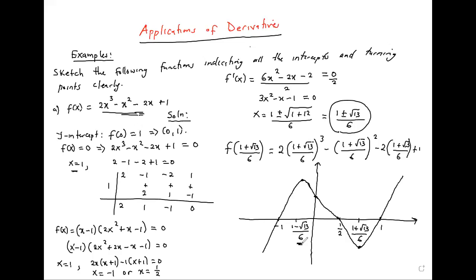First, after you find the y-coordinate, the y-intercept, then again you find the x-intercept using whatever method you can use. Let's say, for instance, this one we've used synthetic division. Then after that, you find the derivative of the original function.